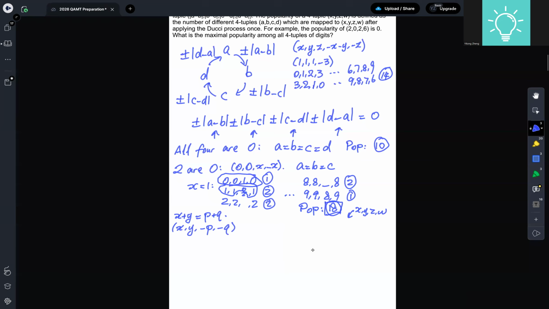So I can start with a, and then I can go a plus x, a plus x plus y, and then a plus q, right? Because a plus x plus y minus p is just q, and then we're back to a. So my four numbers are like this, but I've also got another way I can go is to go the negative way, right? So I've got two choices here.